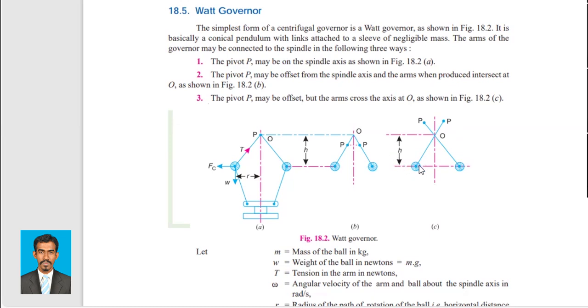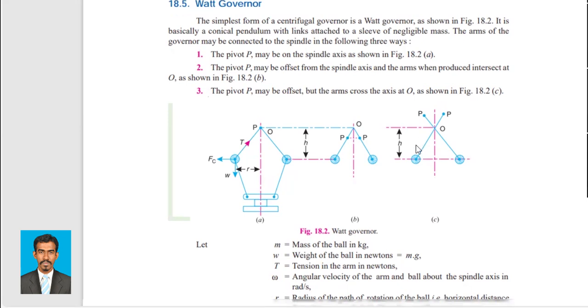So the distance between the ball and the intersection of the axis with the pivot is what is taken for the height h. But these are three ways you can connect a pivot: either on the axis, or offset from the axis, or offset from the axis with the arms crossing it. So these are the three ways we can connect a pivot.